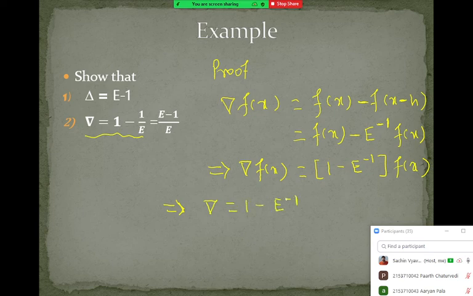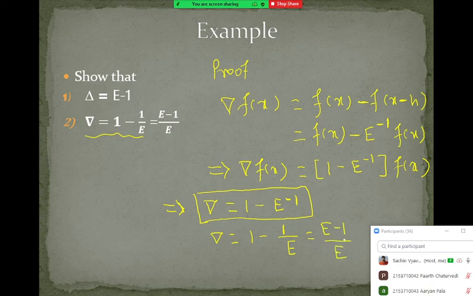That is the end of the proof. But exactly the same thing can be written as del equal to 1 minus 1 upon E, because E raised to minus 1 is nothing but 1 upon E. Or if you do a cross multiplication, you'll get E minus 1 upon E. So whatever relation you want to prove, you can prove it here.